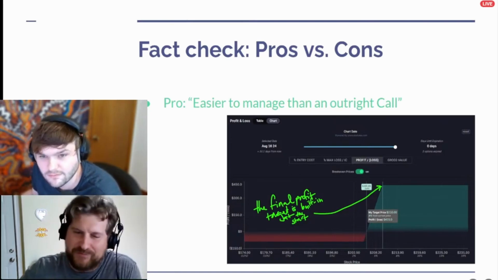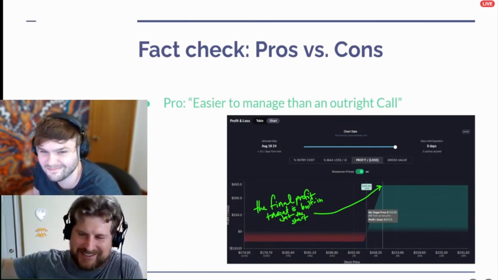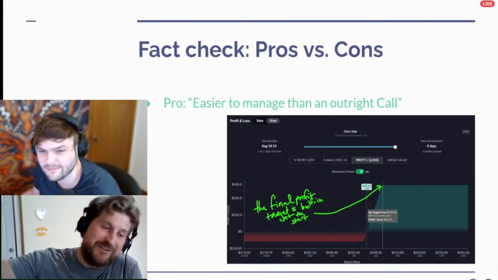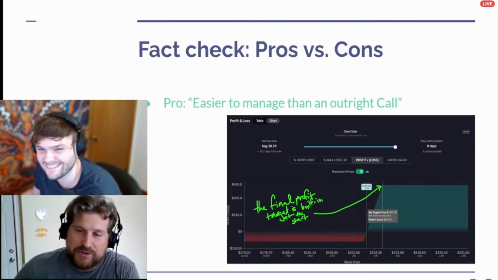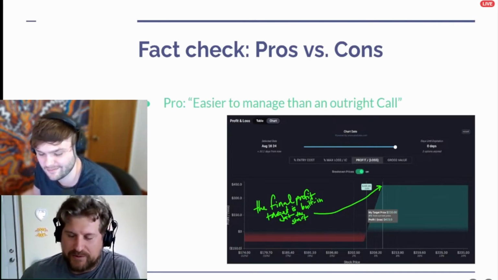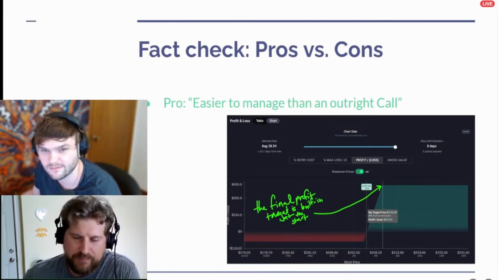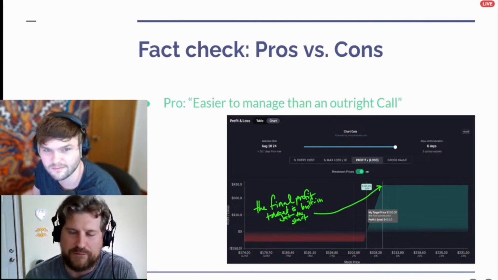And then ideally, if you're Houdini, the stock price starts to go up again and your long call value starts to go up again, and then you can sell that call again, right? There's lots of things you can do, but you do have management flexibility, like you said. There's no reason that you can't close the short leg early, based on new information that's presented for your trade, for your structure.